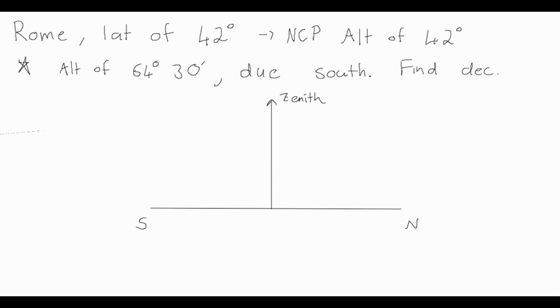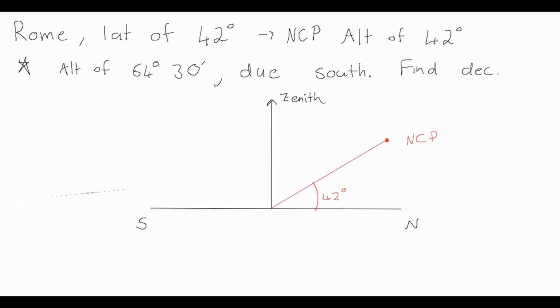We now know that our north celestial pole has an altitude of 42 degrees. So let's draw that on. Let's just put a dot here, and this is going to be our north celestial pole. And the north celestial pole, same as our latitude, is the angle above the horizon, so that's 42 degrees.